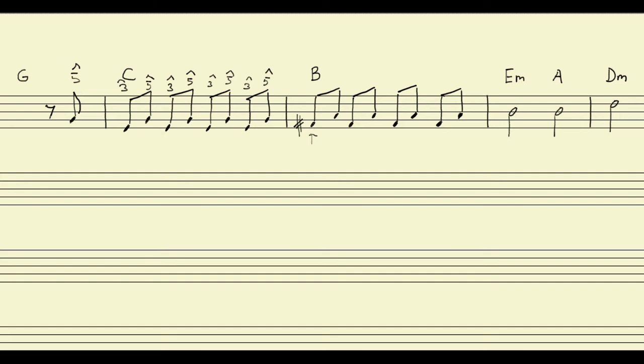And we can hear, just listening to that in context, how outside of everything that we've heard in Over the Rainbow so far this sounds.